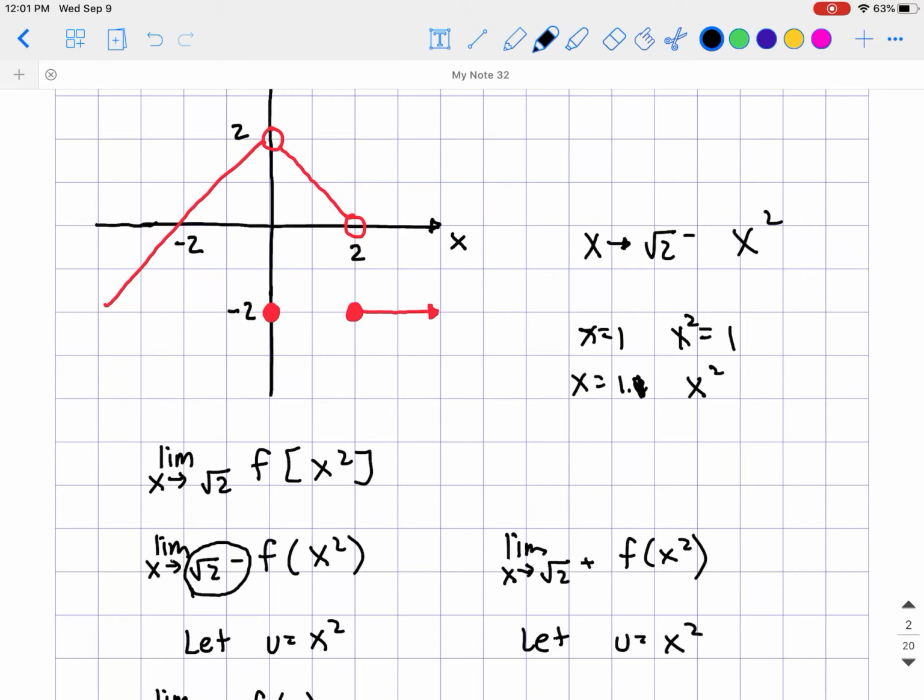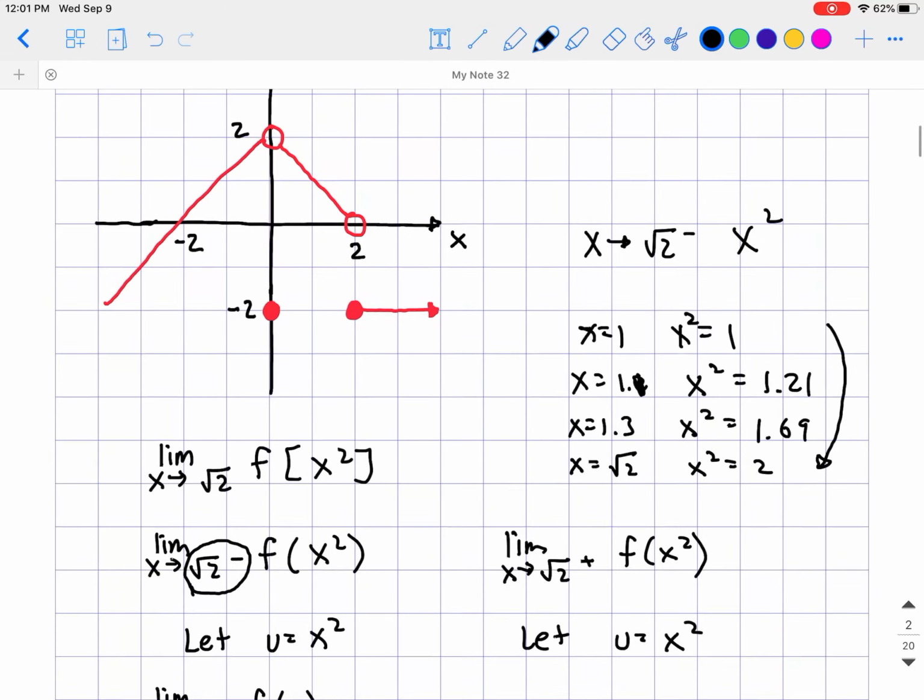If x is equal to 1.1, let's make it a little bit simpler, then x squared is equal to 1.21. Right? And then if x is equal to 1.3, then x squared is going to be equal to 1.69. And as you get closer and closer, when x becomes root 2, then you're going to get x squared is equal to 2.